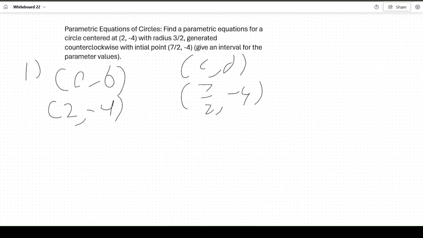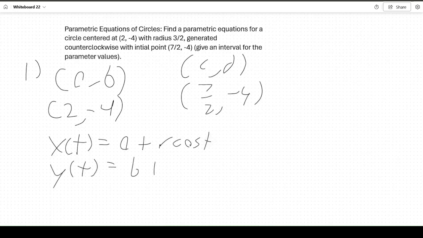And from the equations from the beginning, x(t) equals a plus r cosine t, y(t) equals b plus r sine t. We're basically going to plug and chug again.